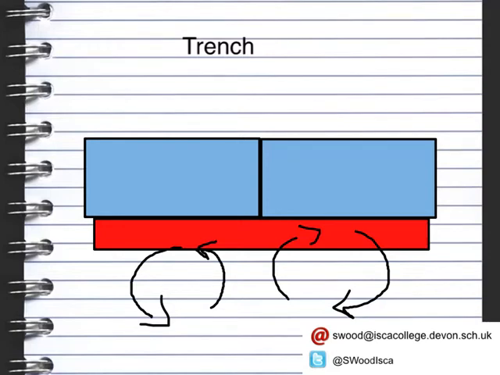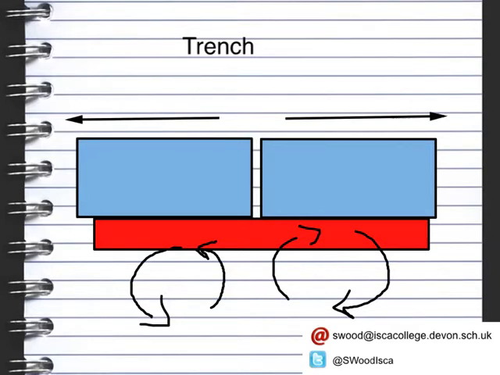That causes this one to move in that direction and that one in that direction. So that will move a little bit, and then that will move a little bit. What that means is we've got a gap where the Earth was connected.